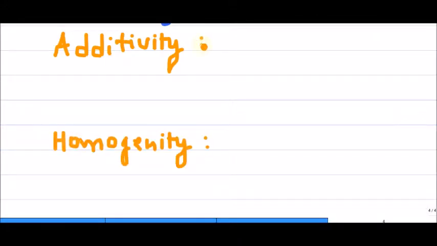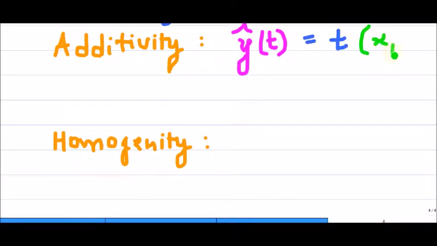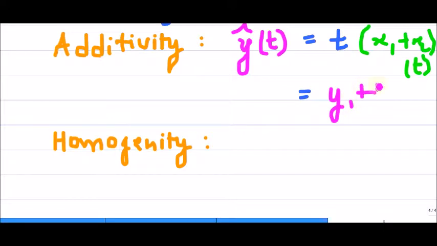In this case, one can easily verify that the output y hat of t is equal to t times x1 plus x2 of t, which is the same as y1 plus y2 of t. The given system is hence additive.